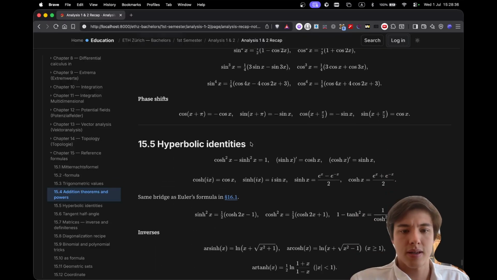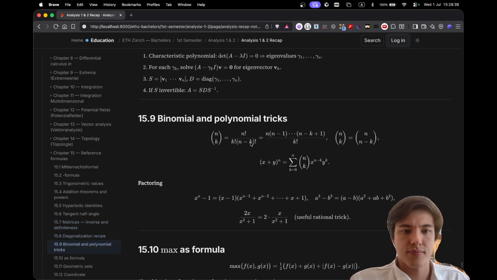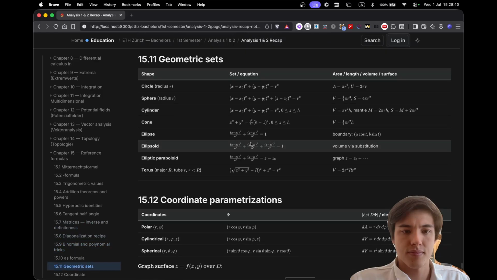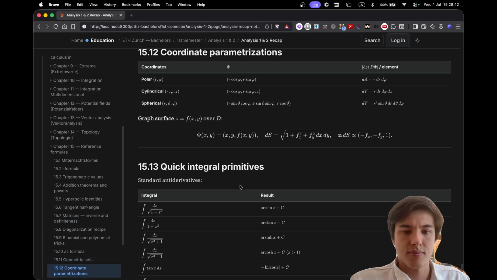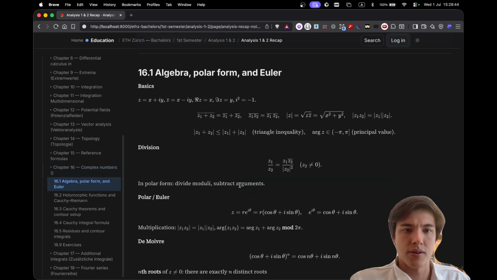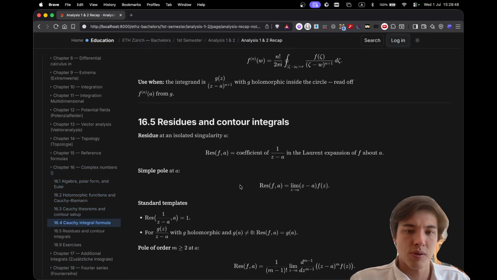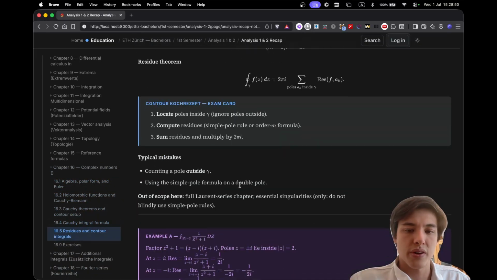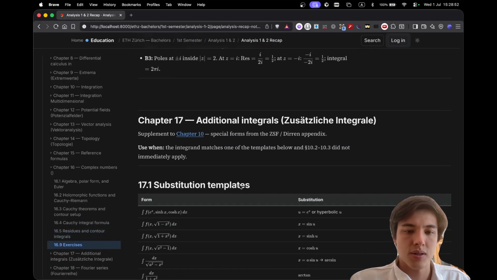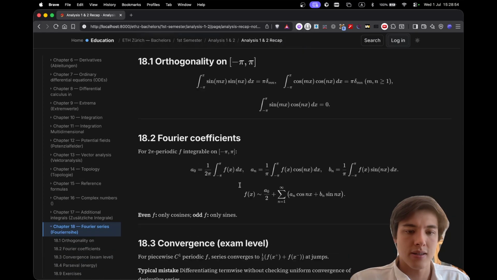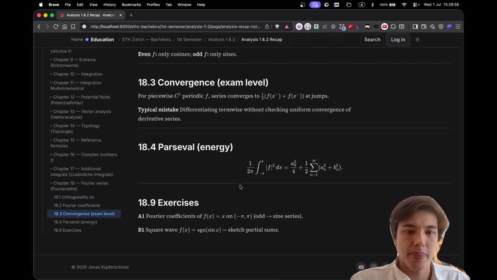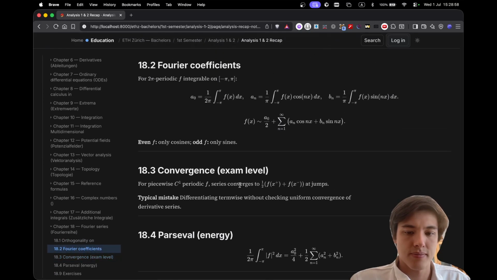Well, yeah. Yeah, I want to do some other things and not do this anymore. Complex numbers, maybe I'll do one summary on that, because I had a complex analysis course. Okay, whatever.